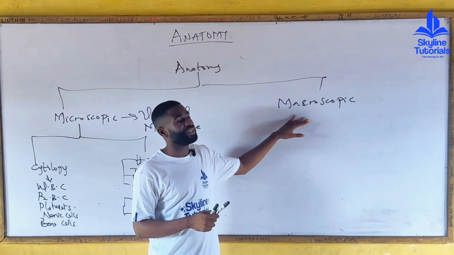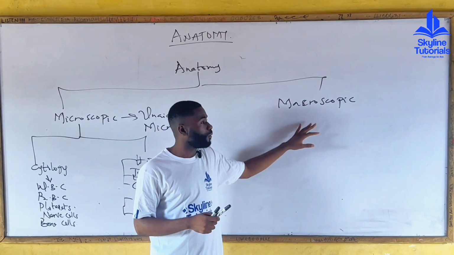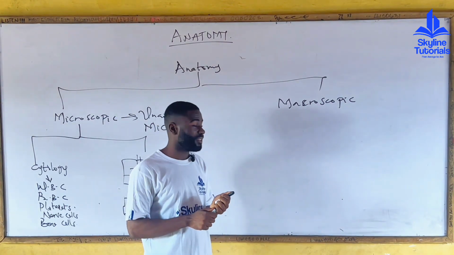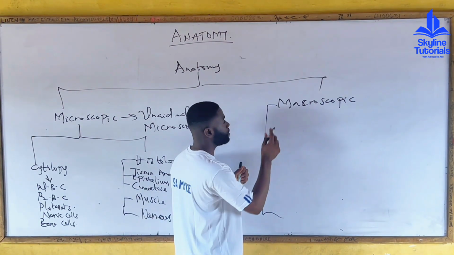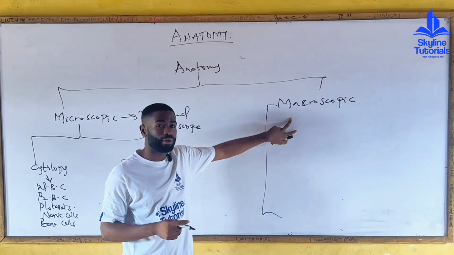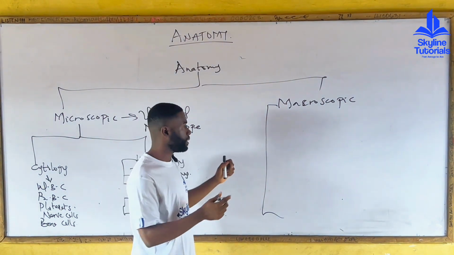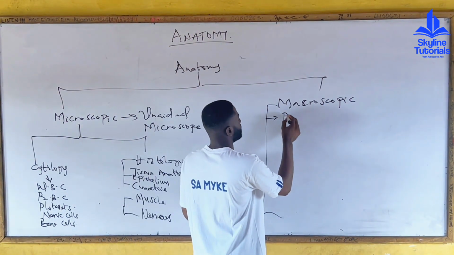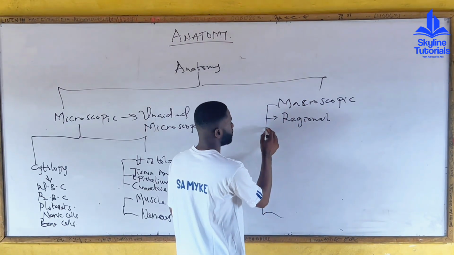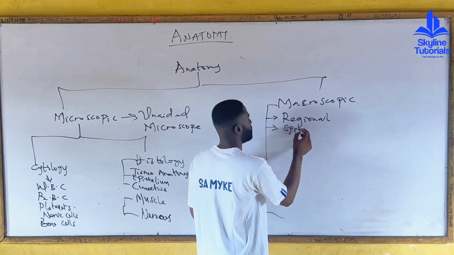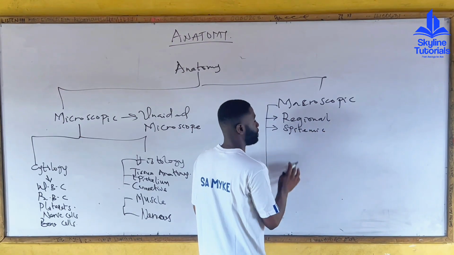We have a lot of fields under macroscopic anatomy, of which we'll look at but a few in this episode. Let's list out some fields under macroscopic anatomy. We have regional anatomy. We have systemic anatomy.